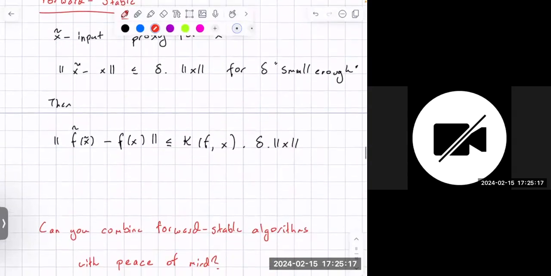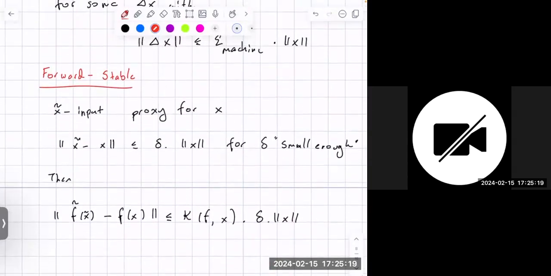Another definition that I think is relevant to practice is just forward stable. So this is your actual input. This is your proxy for your input. When I say input, it may also be, say, the 10th step of the computation, right? We usually combine many algorithms.